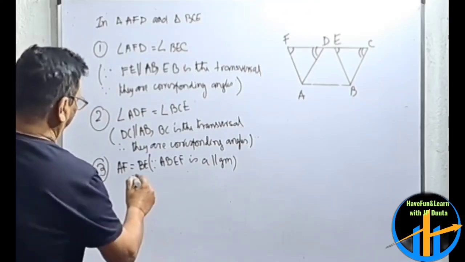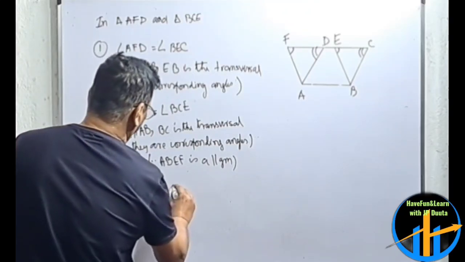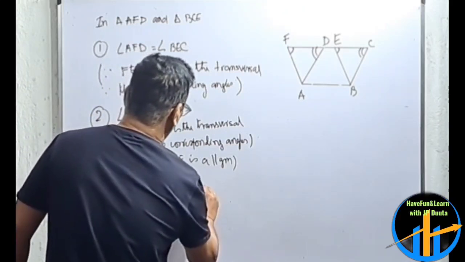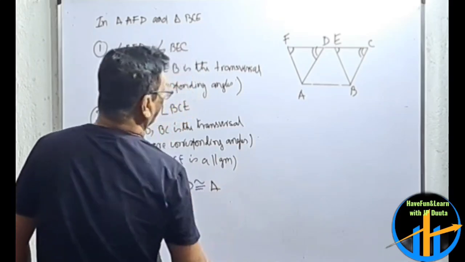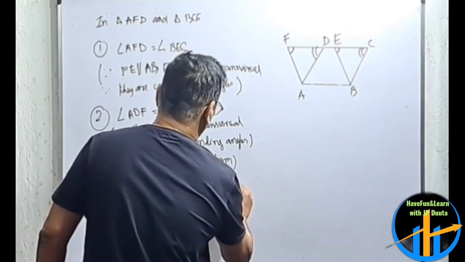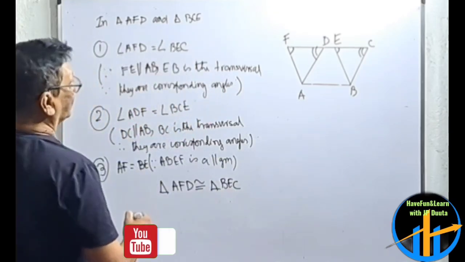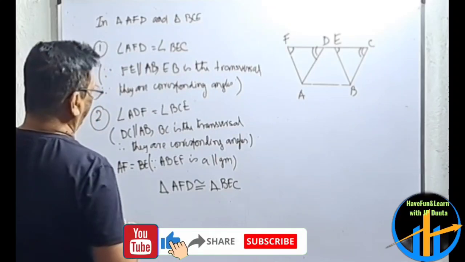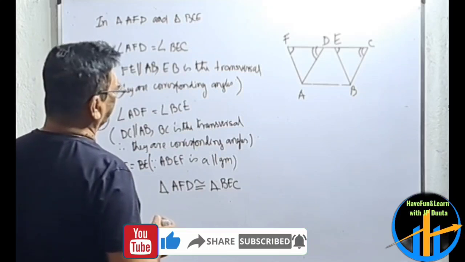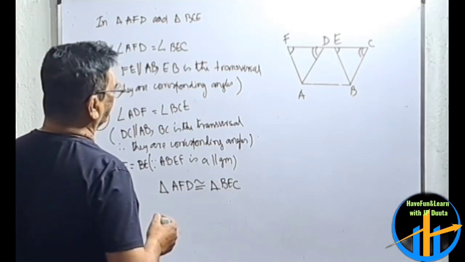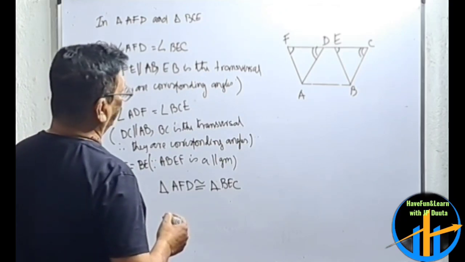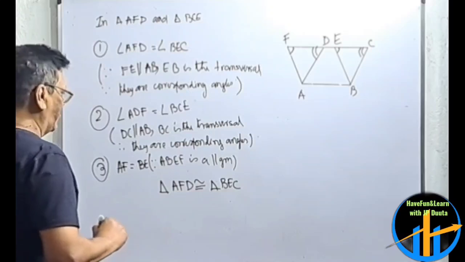Therefore, we can write triangle AFD is congruent to triangle BEC. Let's take it as AF is equal to BE, then FD is equal to EC, and then angle F is equal to angle E. So this is correct, right?